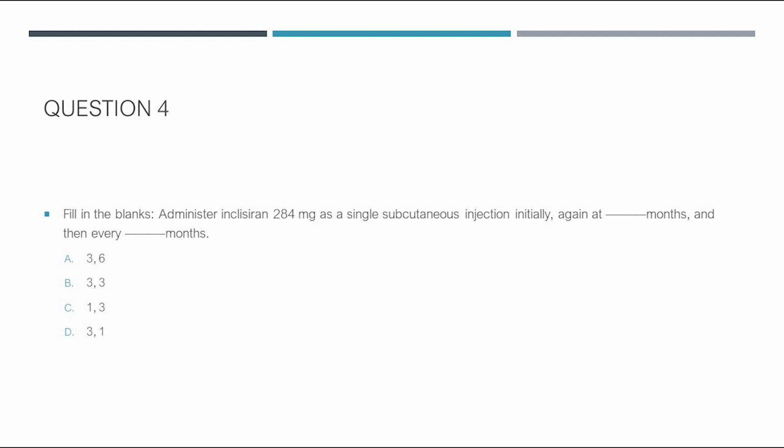Is it 3 and 3 months, 1 and 3 months, or 3 months for the second and then another month for the third injection? The correct answer is A. It's administered initially and then 3 months after that, and then another 3 months, and then 6 months afterwards.